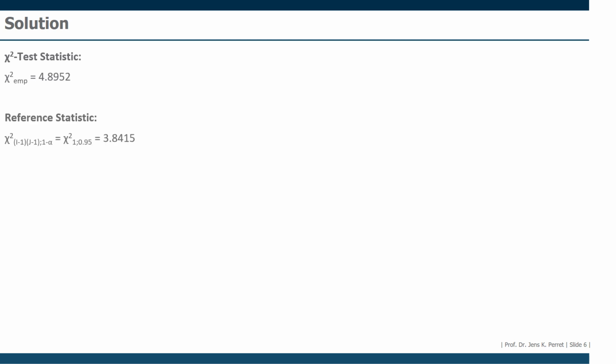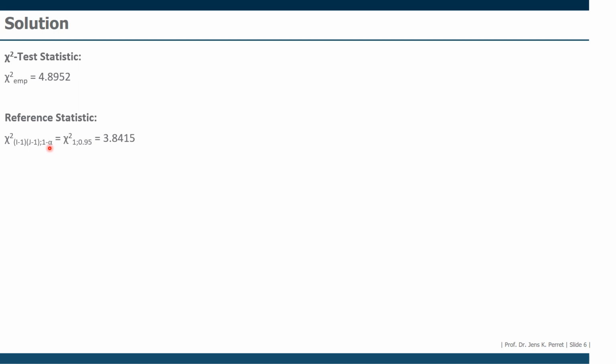The reference statistic for the chi-squared independence test we get as chi-squared with (I minus 1) times (J minus 1) degrees of freedom. I is the number of rows, J is the number of columns. Here I have 2 rows, 2 columns, so it's 1 times 1, giving us the first one here. Then I have 1 minus alpha. Alpha, that's the margin of error.